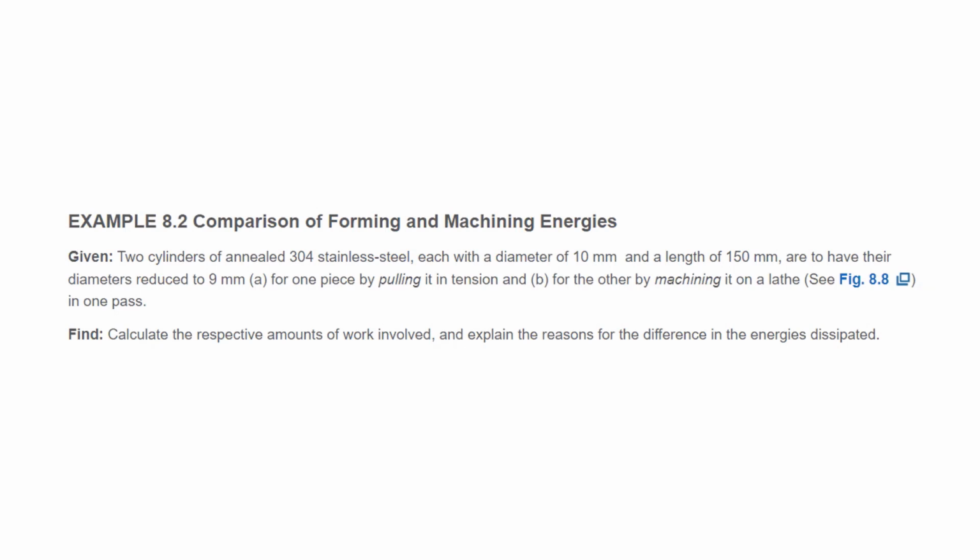This is understandable, right? And then look at, for this same specimen material, 304 stainless steel, we can check the table, table 8.3, the specific energy in machining.